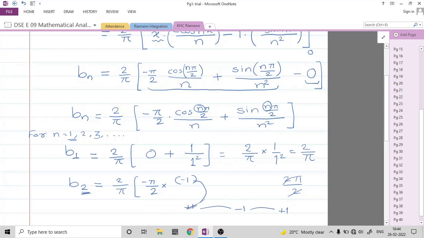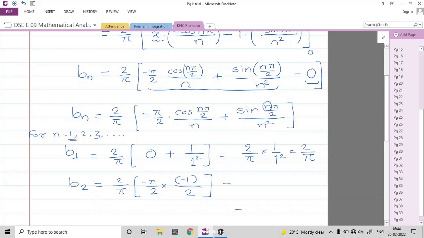It will take alternate plus minus 1. Cos pi is minus 1. Cos 2 pi means same as cos 0, plus 1. Cos 3 pi again minus 1. Cos 4 pi again plus 1, like that. Upon n, means n is equal to 2.